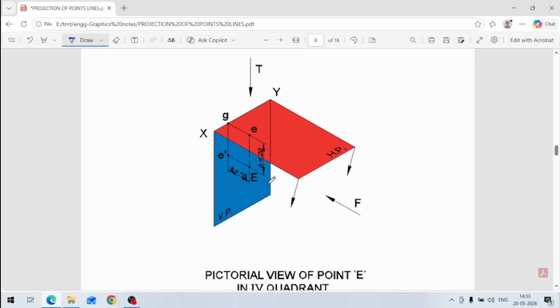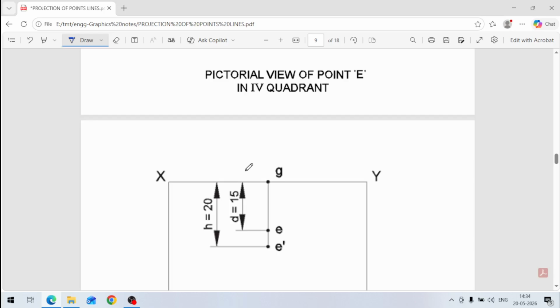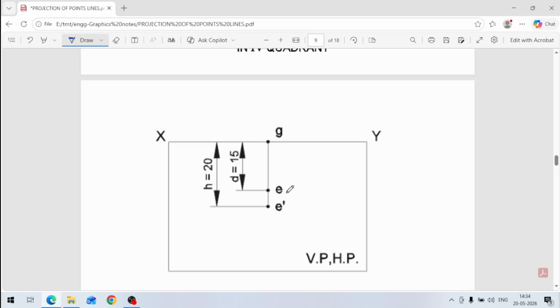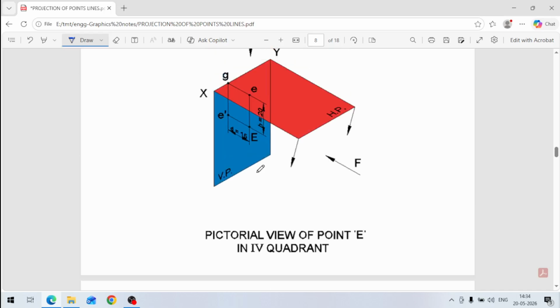So here this is our point E. Point E is given here. This distance is 15 mm here, and this vertical distance is 20 mm. When this is tilted, this distance D is equal to 15 mm. This D 15 mm distance is tilted and it becomes this point E. D is equal to 15. This is point E here.